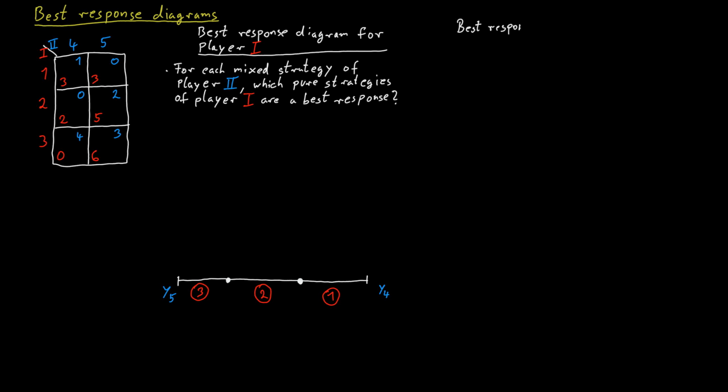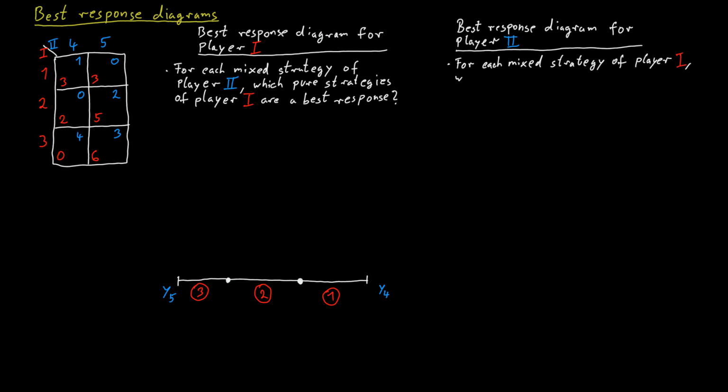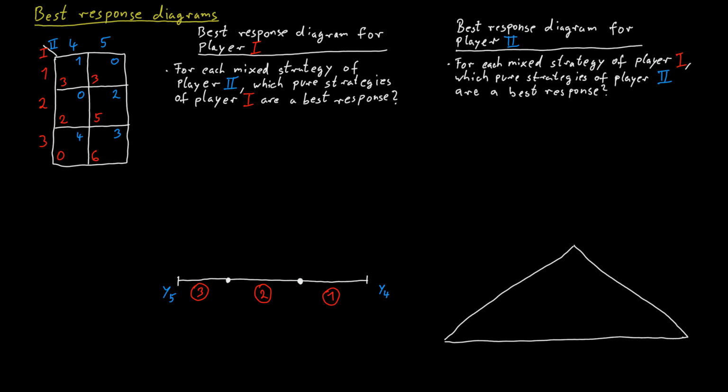We do the same thing for the other player. In this case, it's a bit more complicated in the sense that I have to draw 3-dimensional pictures because player 1 has 3 pure strategies. So the strategy simplex is a triangle in this case. And the meaning behind this triangle is that the lower left corner, for example, would mean that strategy x1 is played with a probability of 1.